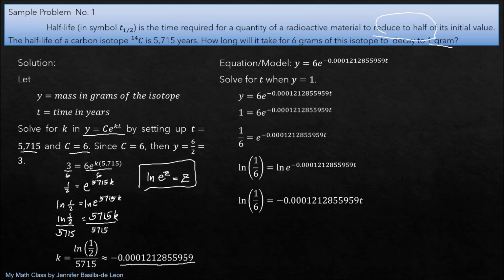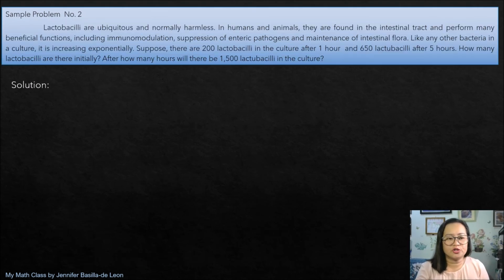And then applying the division property of equality, we would be able to solve for t. And t is approximately equal to 14,773 years.